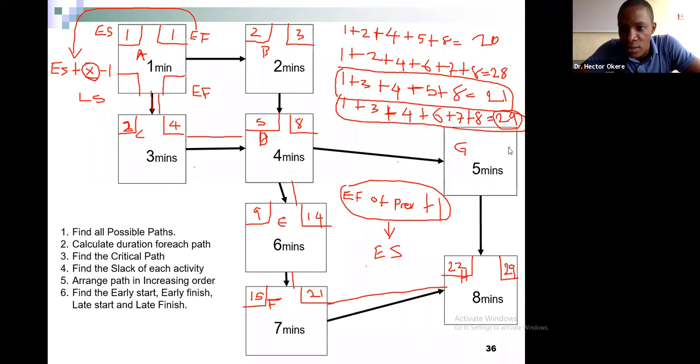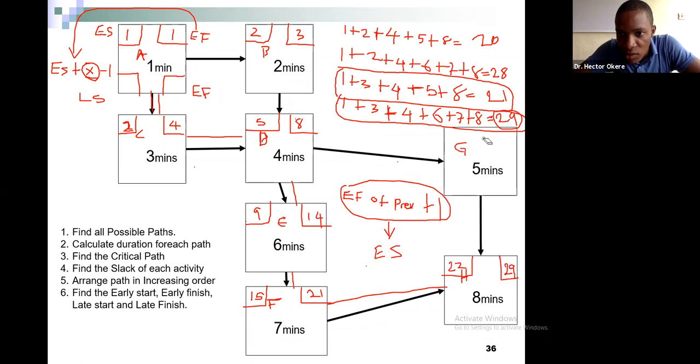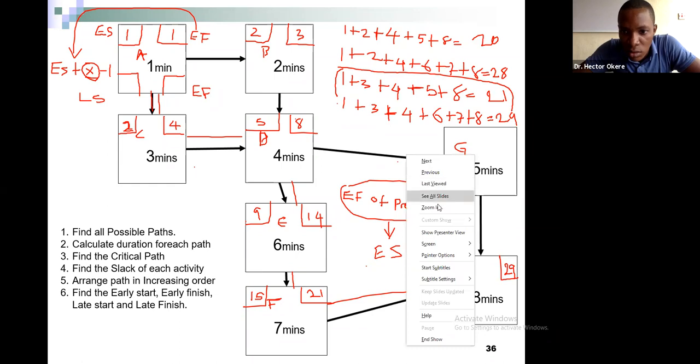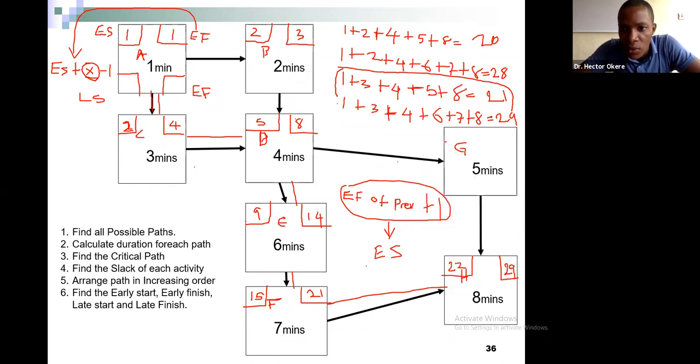All right. So let me clean this quickly. So how do we calculate this? 8 plus 1 is 9, right? 9 plus 5 is 14. 14 minus 1 is 13.